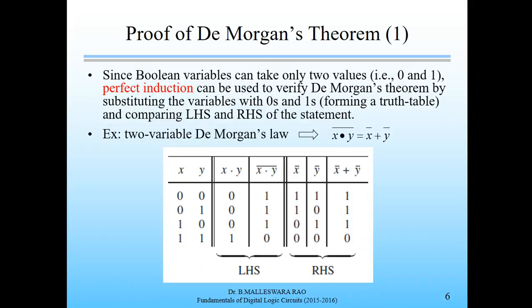Because 0 and 1 are the only two possible values for any Boolean variable, we can find that the values corresponding to the left hand side and the right hand side are equivalent, thereby serving as a proof for this statement.